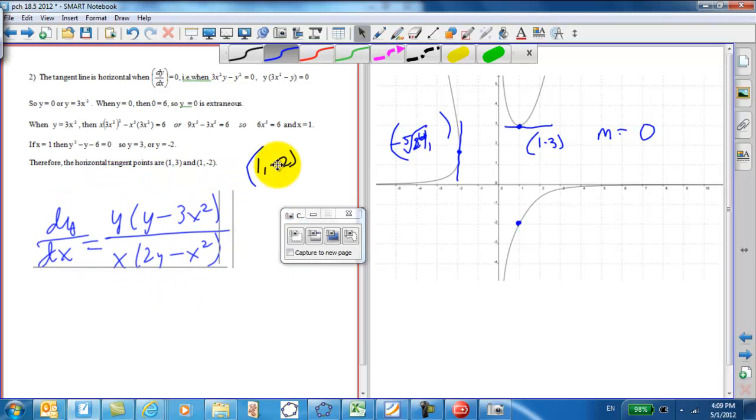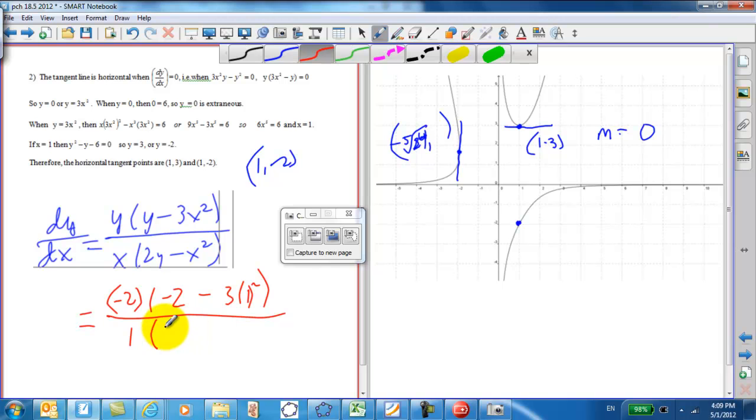And let's see what happens when we put in (1, negative 2): negative 2 for y, negative 2 for y, 1 for x, over 1 for x, negative 2 for y, 1 for x. And we get negative 2 times (negative 2 minus 3) is negative 5, over 1 times (negative 4 minus 1) is negative 5.